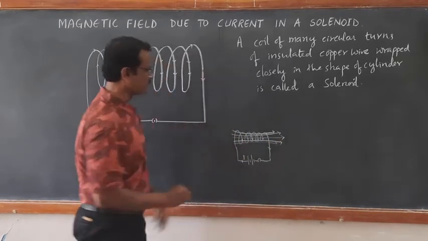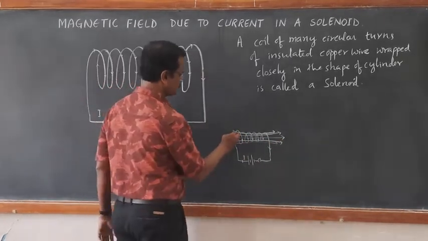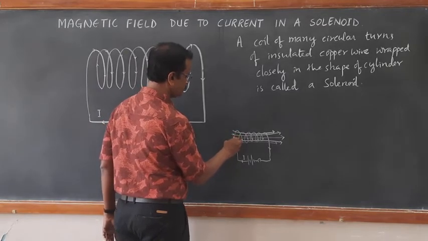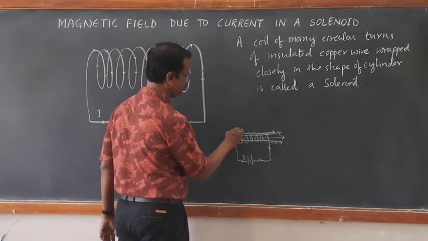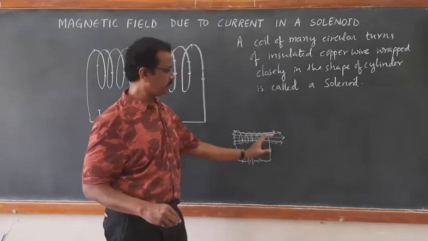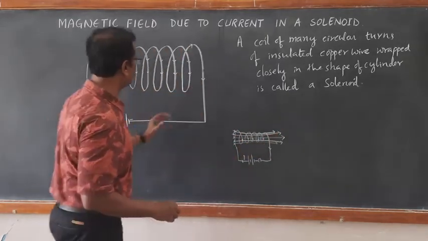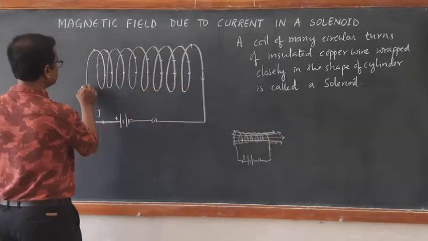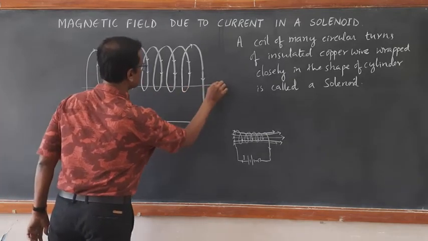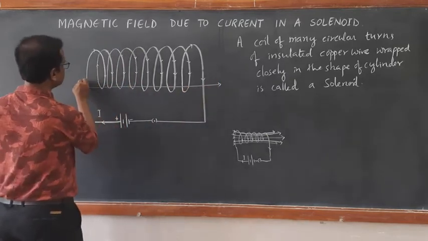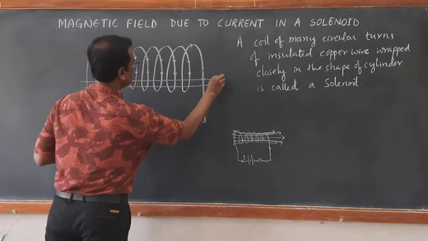So this is how magnetic field lines are drawn here. At one end the magnetic field lines are entering, at the other end the magnetic field lines are emerging.